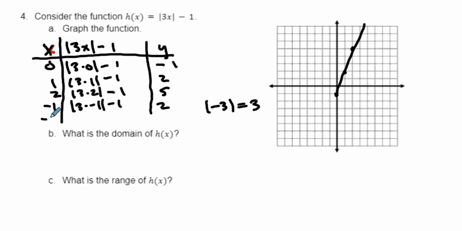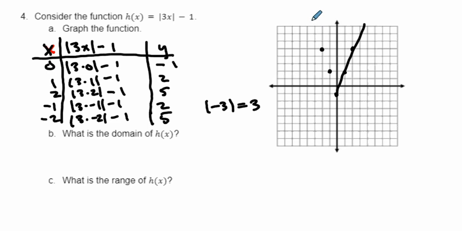If I put negative 2 in, 3 times negative 2 is negative 6, and that becomes positive, just like this one. So it's basically a mirror image of what we had over here. You can have negative 1, 2, which puts me up here, and then negative 2, 5, which puts me up here. So it's basically mirroring on the y-axis.